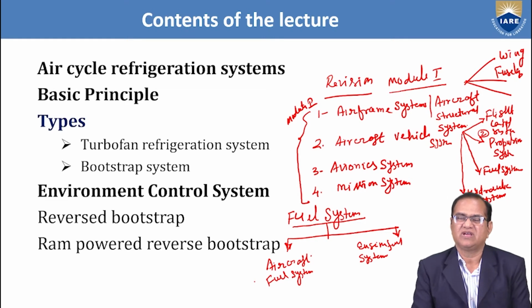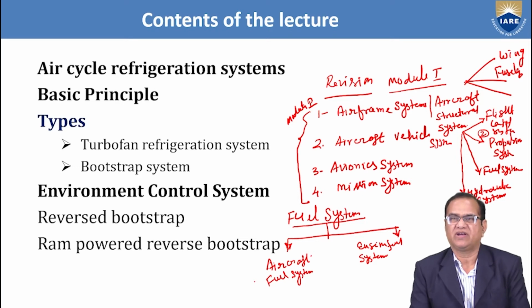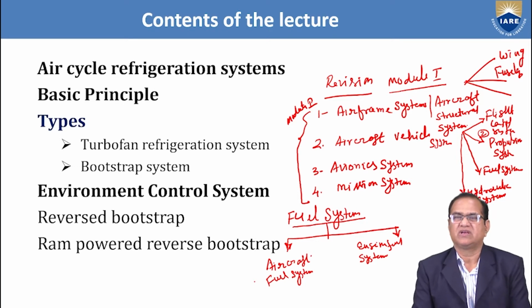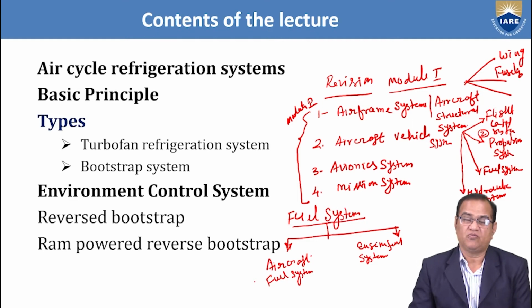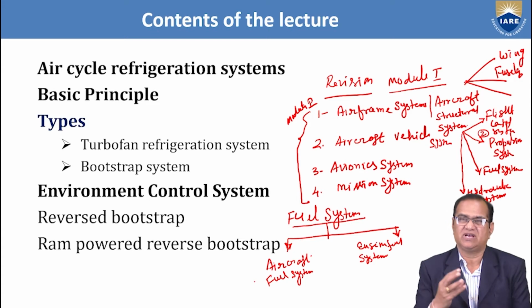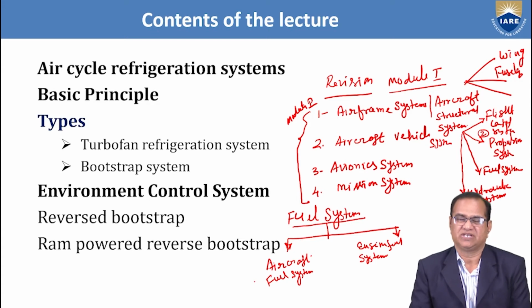From there, with the help of the fuel pump, booster pump, different valves, and different sensors, it has to go to the engine. So from the tank to the engine, the fuel system in this area is called the aircraft fuel system.